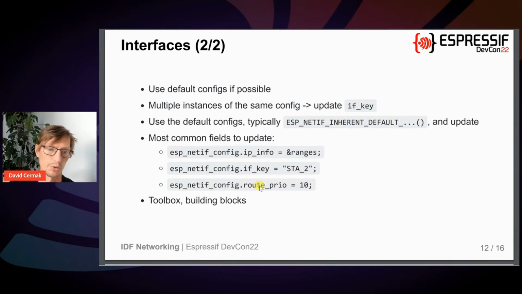So we need to set up the rules for which interface would be the default if all of them are up and running. So we can look at ESP-NETIF as a toolbox, a set of building blocks that we could use to construct different networking interfaces in different manners, using some default configuration and updating just some parts.